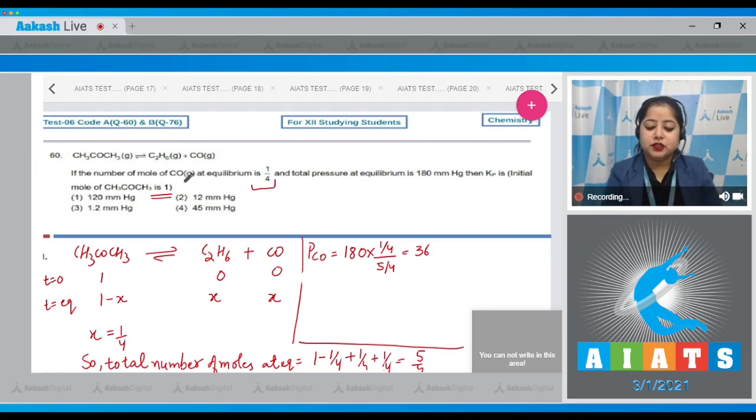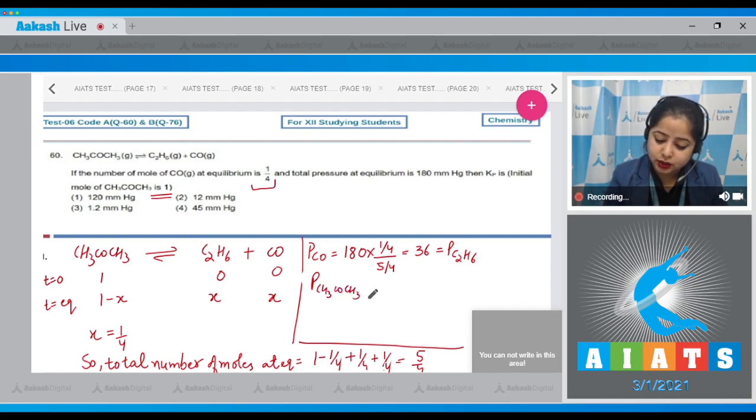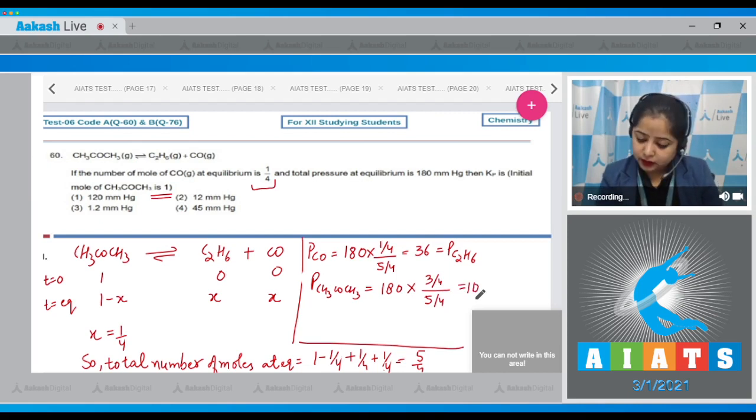Student, the partial pressure of C2H6 will be the same as that of CO. Now we'll calculate the partial pressure of CH3COCH3, which is equal to 180, that is total pressure at equilibrium, multiplied by mole fraction of acetone, which is 3 by 4 upon 5 by 4, which is equal to 108.